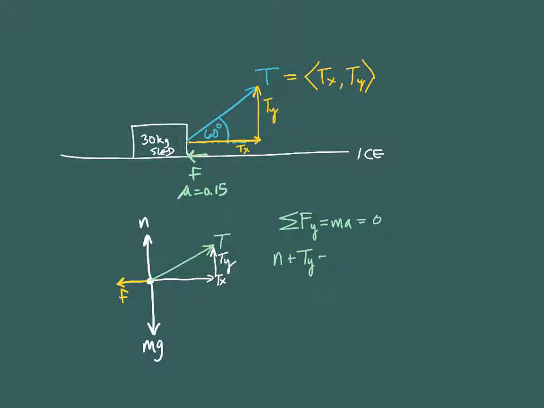Those are the up forces. The down force is singular, it's just the weight, and that equals zero. Well, the normal force will end up being the true weight of the object minus this Y component of tension, which I can write as the full force that's applied, which is what I'm going to want to know, times sine of 60.